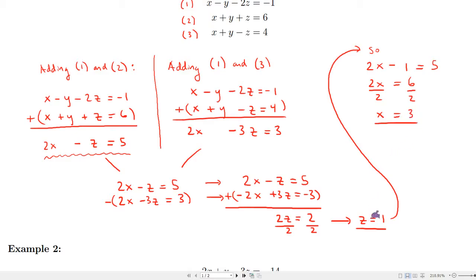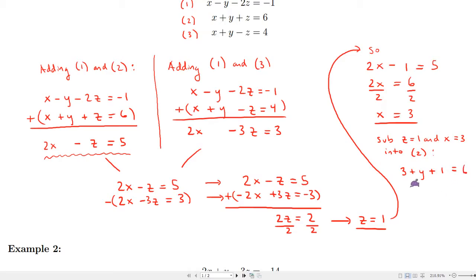Now that we have z is 1 and x is 3, we can pick any of the original equations and substitute in to get our y. I'm going to substitute z equals 1 and x equals 3 into equation 2. The easiest one to work with looks like maybe equation 2, but it really doesn't matter. You can pick any of them. So we will have 3 plus y plus 1, so x plus y plus z, where x is 3 and z is 1, is equal to 6.